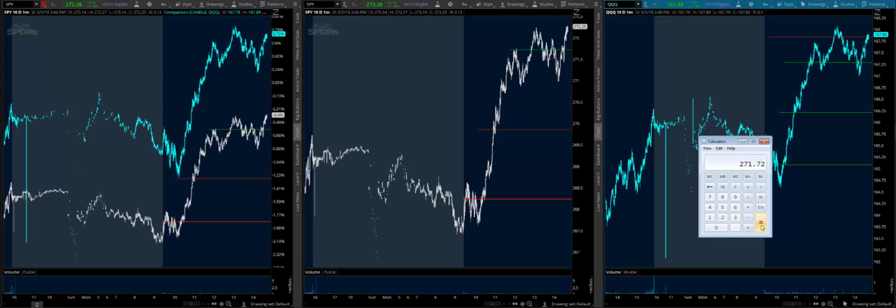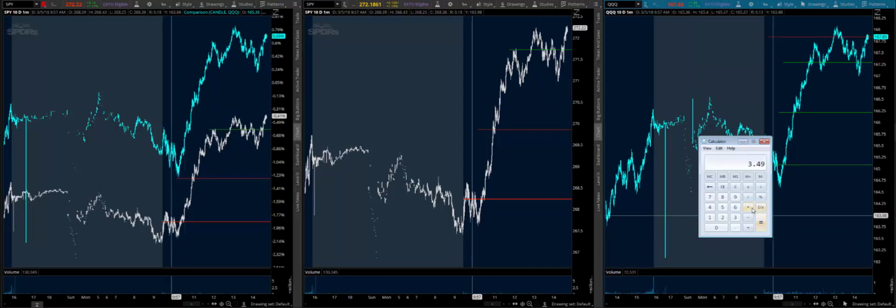So the difference is, subtract 268.23. We lost $3.49 on that, times 373 shares. Wow, big loss there, wasn't that? It was $1,031.77. Okay, so that's our first loss.